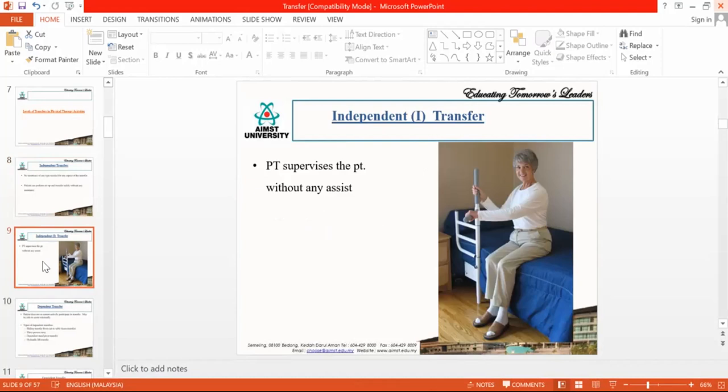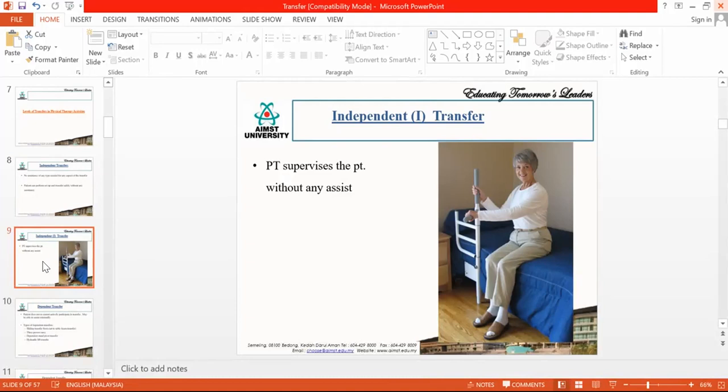That means you need to observe how they are getting transferred, whether they are able to maintain the limb properly, or whether they are able to maintain the joint properly, all those things. So the PT needs to supervise the patient, but the patient will be able to get transferred by themselves.